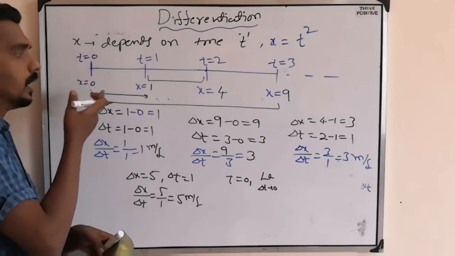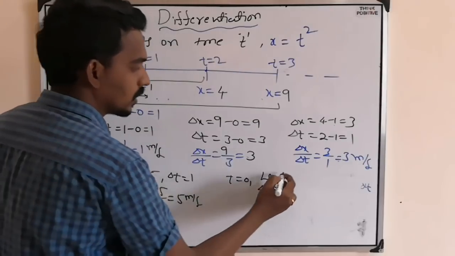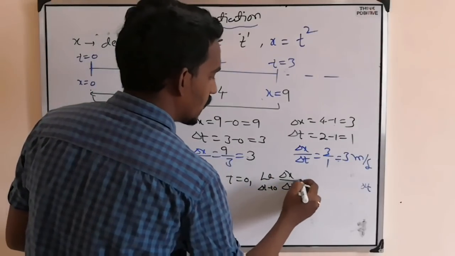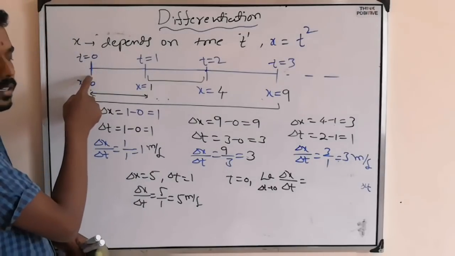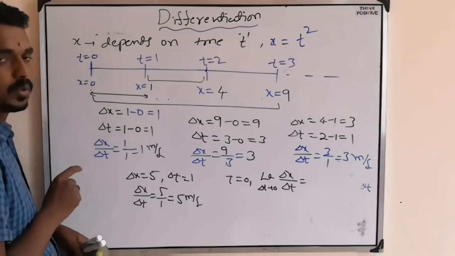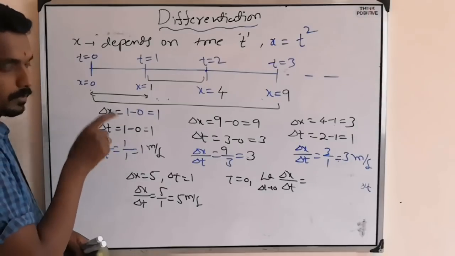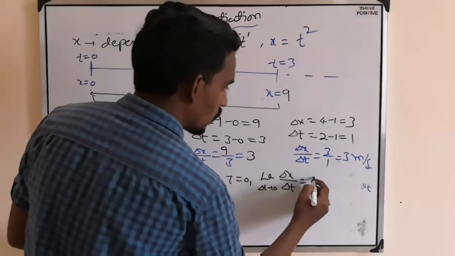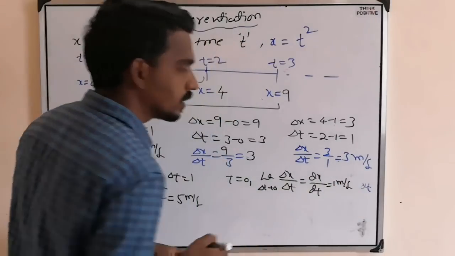At t equal to 0, this is t1, this is t2, then delta t tends to 0, then delta x by delta t. So at this time, how much distance is it able to cover? It is able to cover 1 meter per second. This is called dx by dt, 1 meter per second.